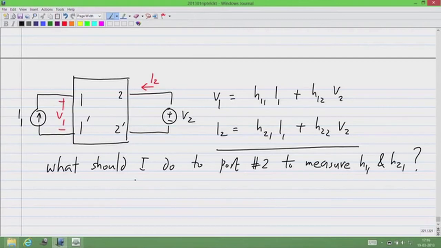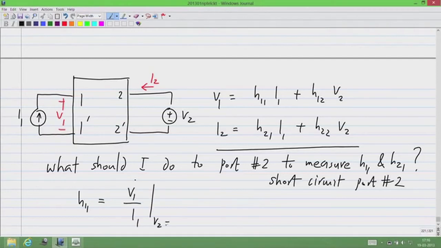So clearly, to measure H11 and H21, I have to short circuit port number 2. So H11 is V1 by I1 with V2 equal to 0, and H21 is I2 by I1 with V2 equal to 0.